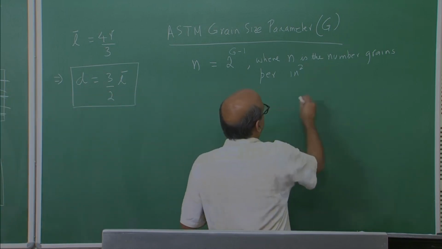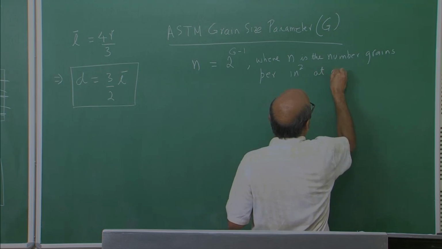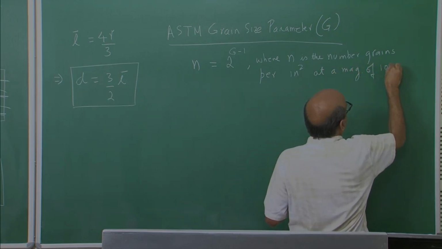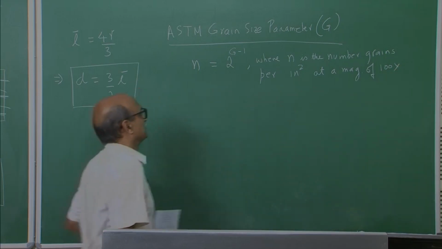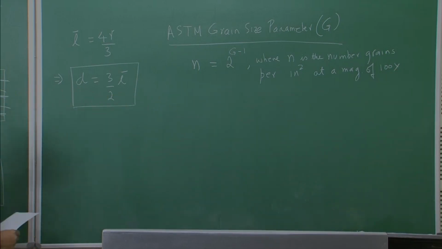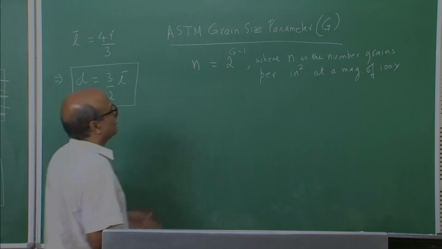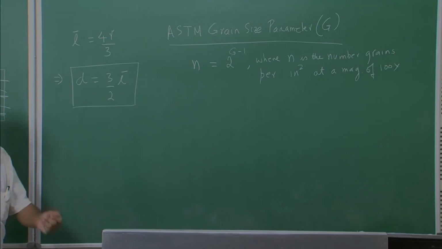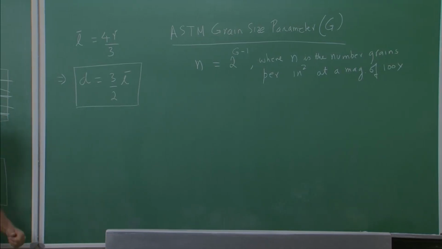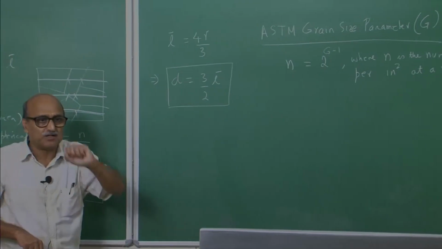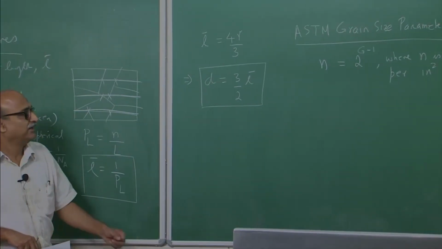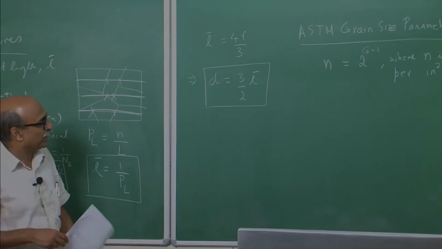and this is measured at a magnification of 100x. So, we take the sample, put it under a microscope, look at it at 100 magnification, and then put a mask on it, and measure how many grains there are in 1 inch square.